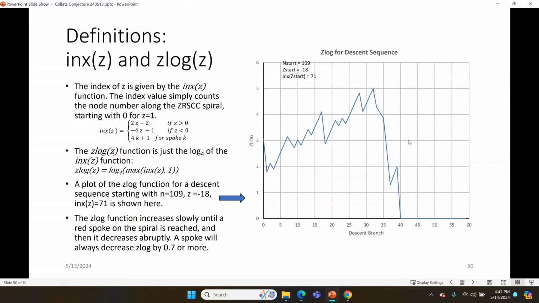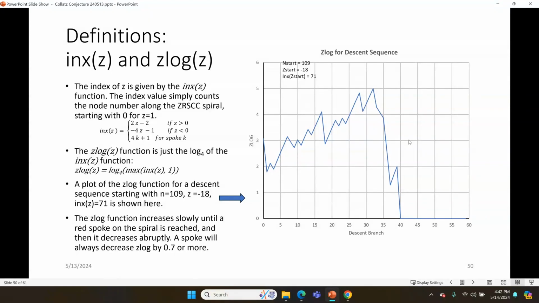So for positive Z values, the index is going to be 2Z minus 2. For negative Z values, it's going to be negative 4Z minus 1. And of course, for the kth spoke, it's going to be 4K plus 1. So this is a convenient way to track the position of the Z value along the spiral.